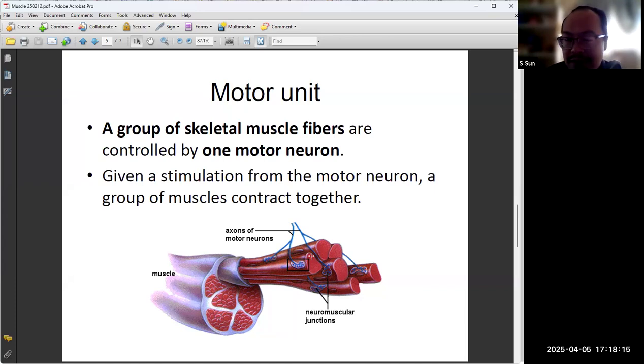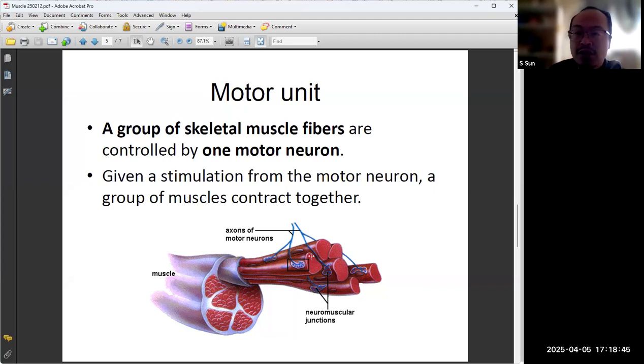You don't have the force, but you have the fine movement, such as your finger or your hand. Each motor neuron only innervates a small amount of muscle. In contrast, in our leg, each neuron innervates many muscle fibers. And so this motor unit is pretty big. This provides you the force, but it doesn't provide you the fine movement.